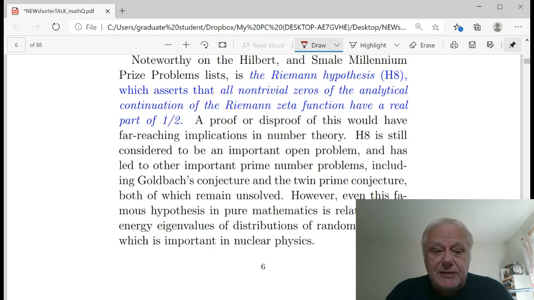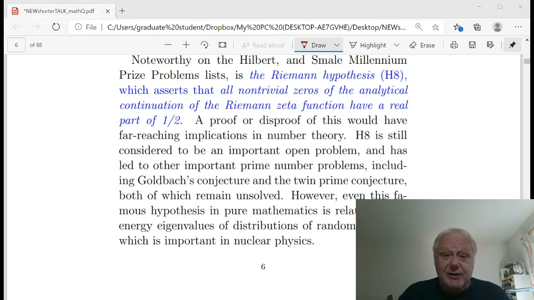And there are in fact experiments that look for these energy eigenvalues, which pictorially give you the zeros of the Riemann function. So you can actually see the Riemann eigenfunctions in the experimental setups.